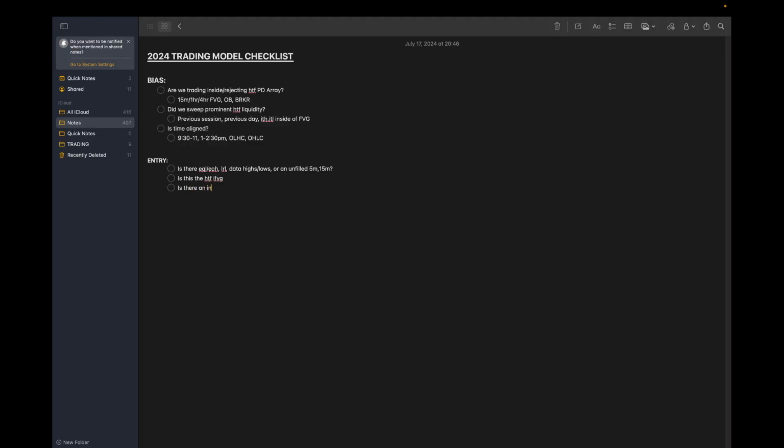Is there an internal liquidity sweep or SMT? Could be an SMT. And have we traded below equilibrium of the dealing range? Okay. It doesn't have to be the dealing range of the overall range. Okay. And then some, I guess, some etc.